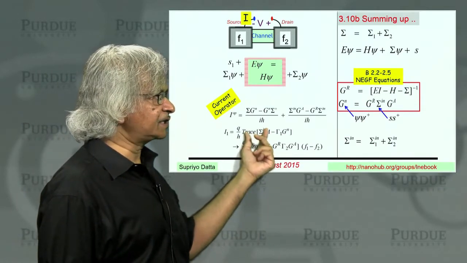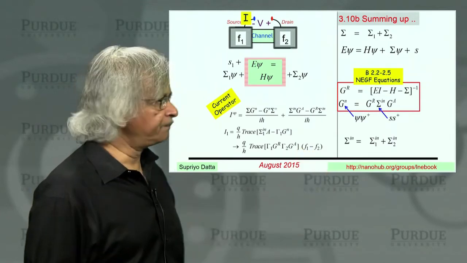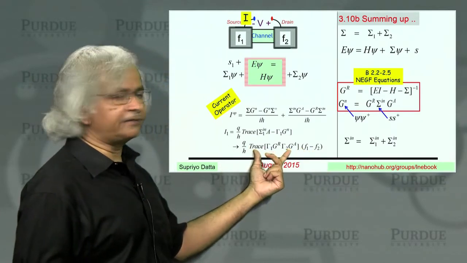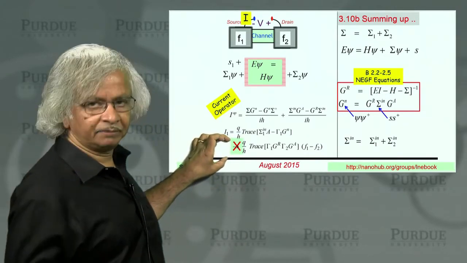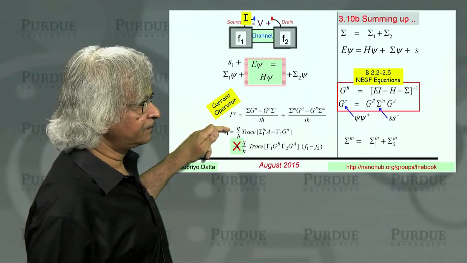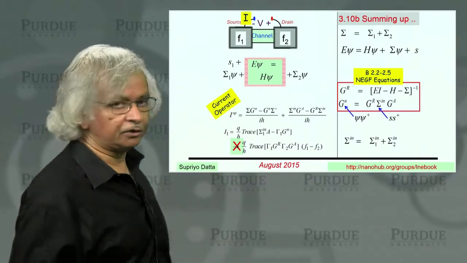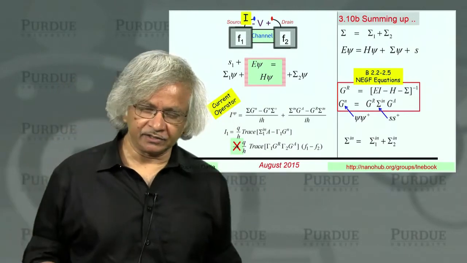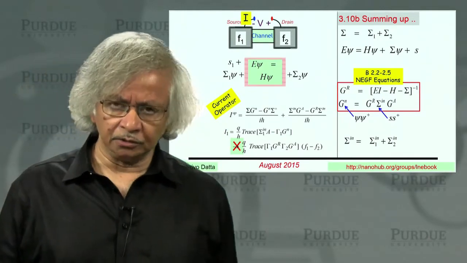So where you have this current written in the form as proportional to F1 minus F2. And this is often called the transmission. But I'd like to stress that this only applies to coherent transport. You cannot use it in general. It's this one that you should be using. And more generally, you have this current operator, which you could use for all kinds of current. Anyway, so this is all things we did in Unit 2.